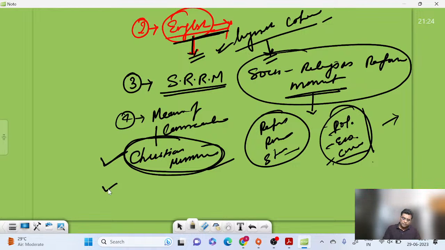Then secondly, we have railways, the introduction of railways, telegraph, communication, all these facilities. So modern education, and these are the things which actually created awareness among the Indians, and this awareness was needed for the rise of nationalism.